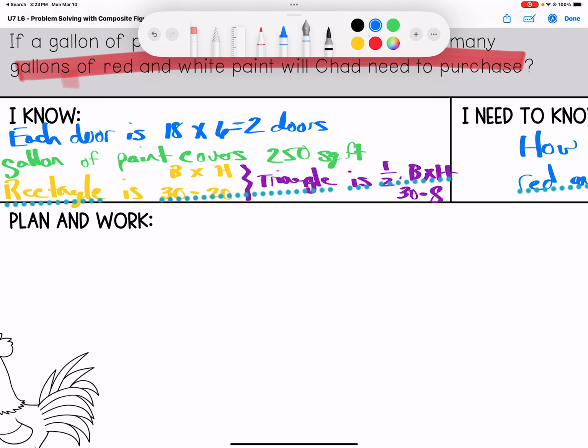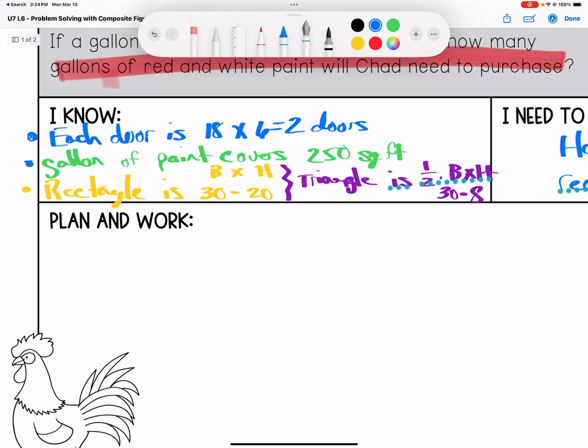First of all, we need to know how much total. Let's just figure out the total thing first, and then we'll take the doors out. So I know that the rectangle was 30 times 20.